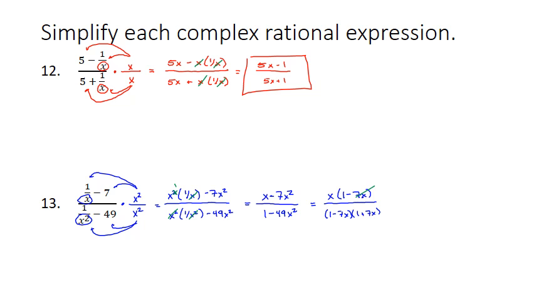But as you'll see, you now have 2 terms in common that you can cancel more of. That's great. And you're left with a final answer of x on top and 1 plus 7x on the bottom. That is your simplified complex rational expression.